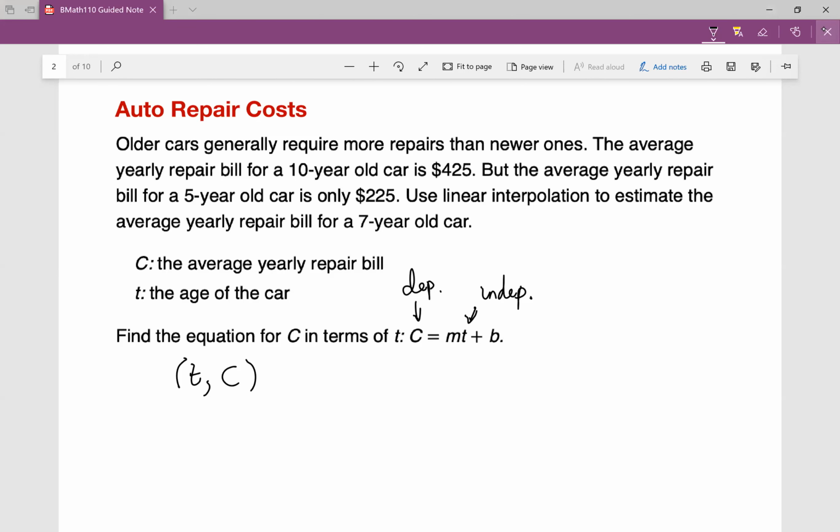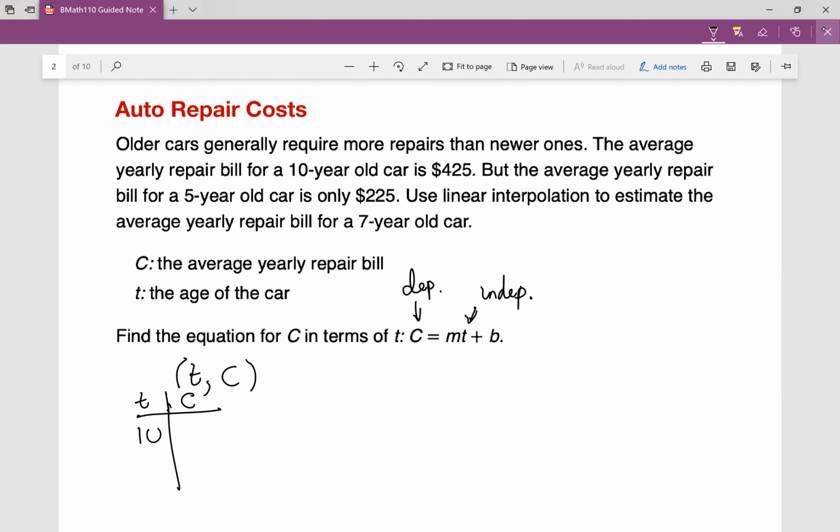Okay, so let's list all the pairs that we have. I have a table. The first variable is for T, the other is for C. The first one was 10 years old, right?